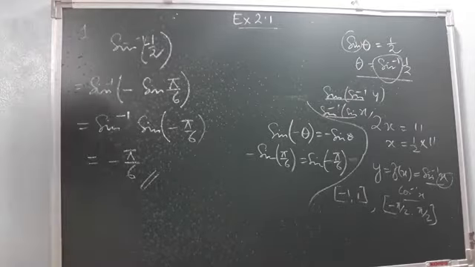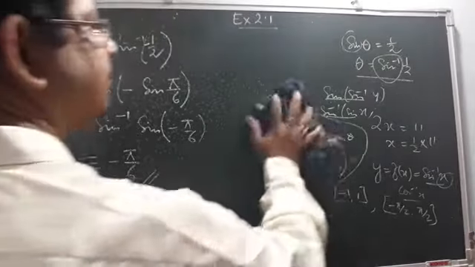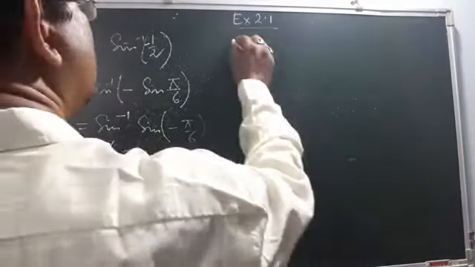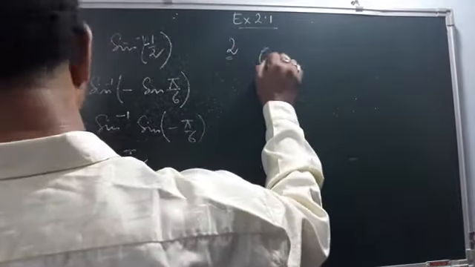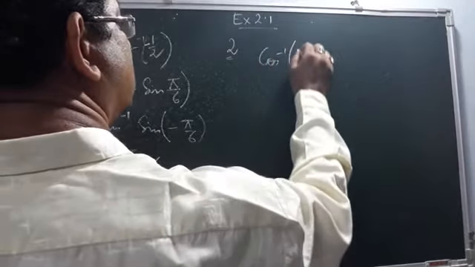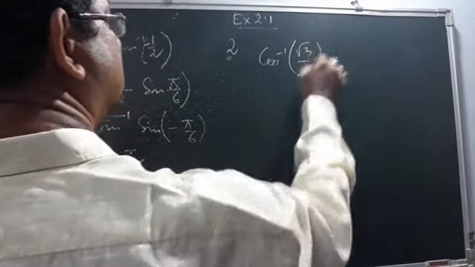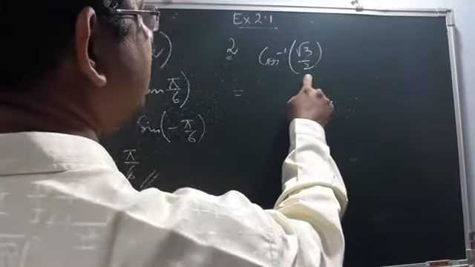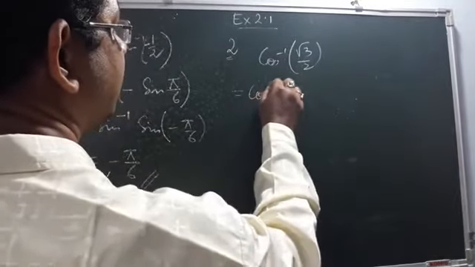Another sum I will show, and then you will do one sum from this exercise. So question number 2: cos inverse root 3 by 2. Here also cos inverse is there. Try to take one cos here.